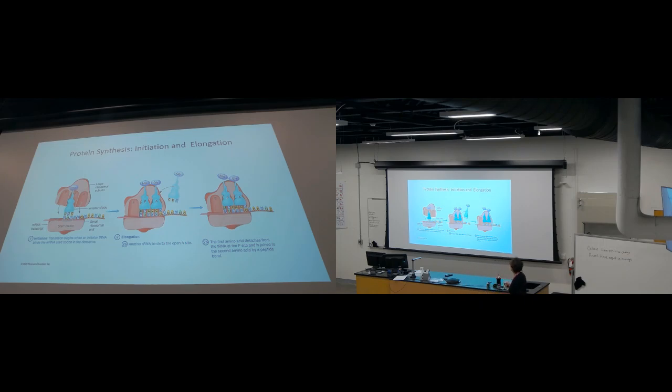So then, with this AUG, the start codon, you will start bringing your first amino acid. In this case, it's going to be methionine. What you can see here is an open view of a ribosome.